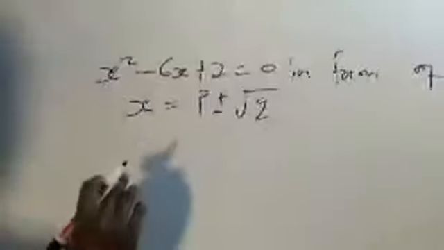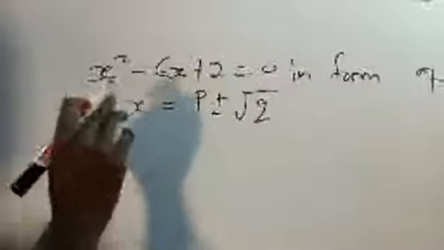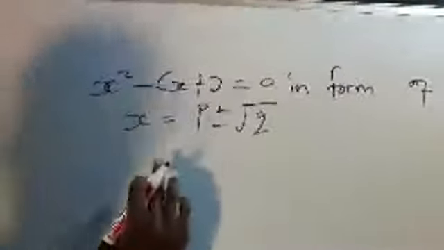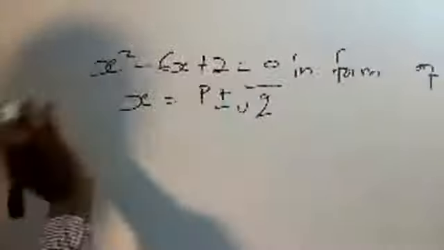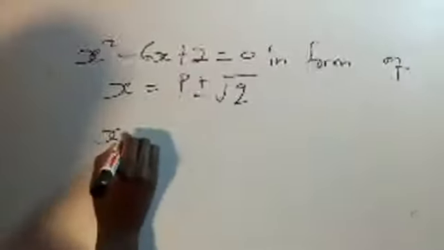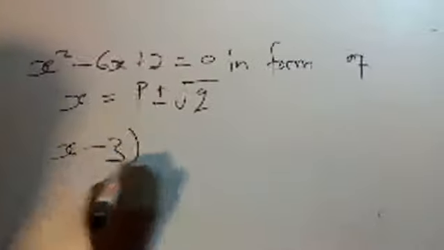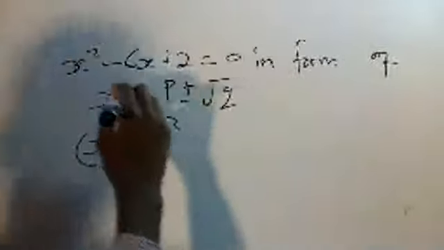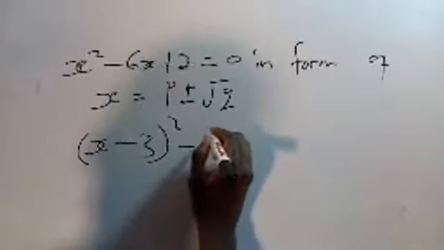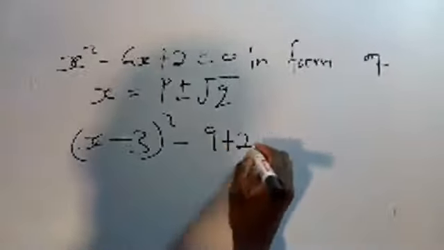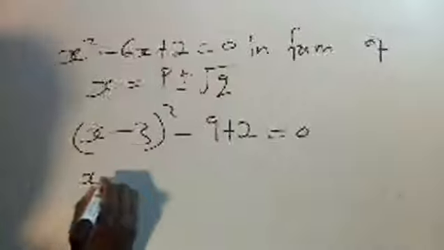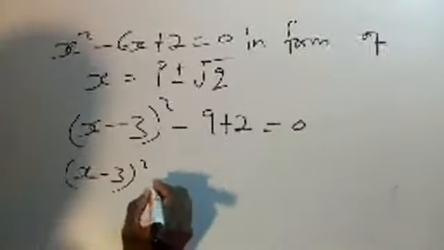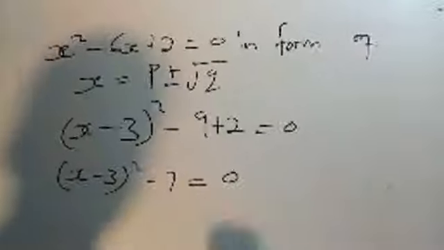Here they have told us to make x the subject, but we need to complete the square of this equation, becoming x minus 3 squared minus 9 plus 2 equals 0. We shall get x minus 3 squared minus 7 equals 0.